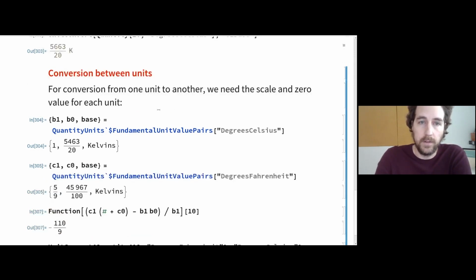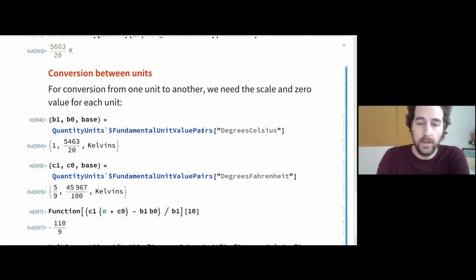For converting between one unit and another, we could convert to our base units, and then convert again to a target unit, but it's actually more efficient if we look up those conversion factors for 2 units.